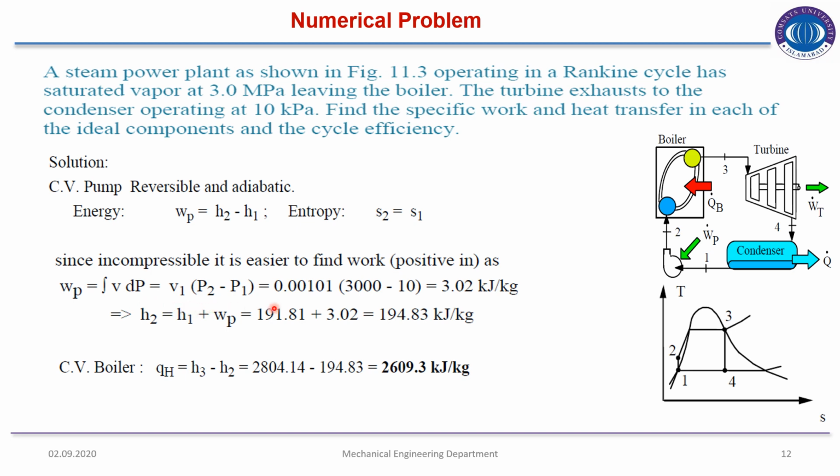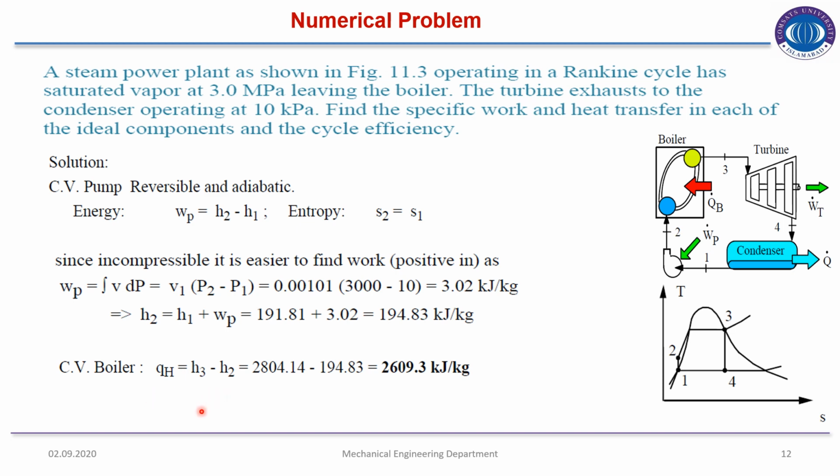So the specific volume against the pressure of 10 kilopascal and the pressure difference, converting megapascal into kilo, 3000 minus 10, gives 3.02 kilojoule per kg of specific work. To calculate H2, the enthalpy of state 1 is taken from the steam table, and H2 is 194.83 kilojoule per kg.